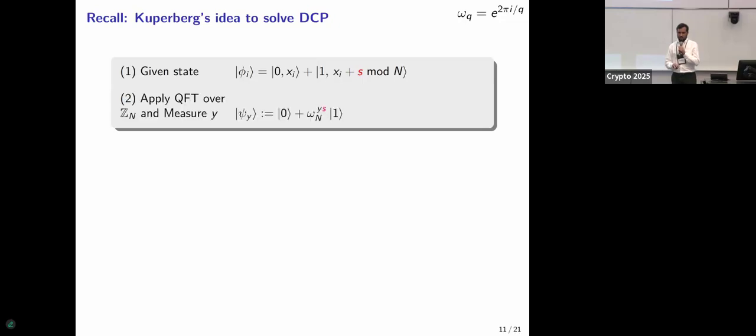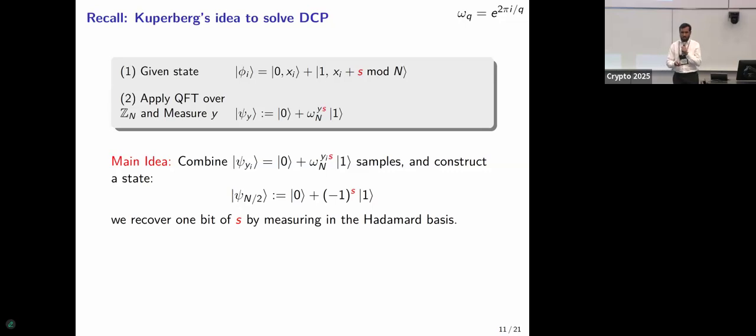We get a quantum state of this form, where y is also known classically. Suppose we are given these kinds of quantum states; can we combine them and generate a quantum state of this form, psi n over 2, equal to 0 plus this kind of quantum state?